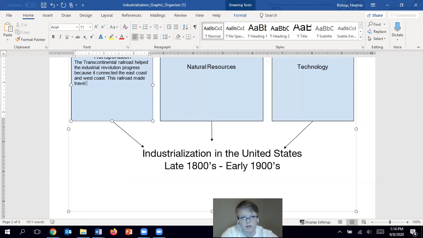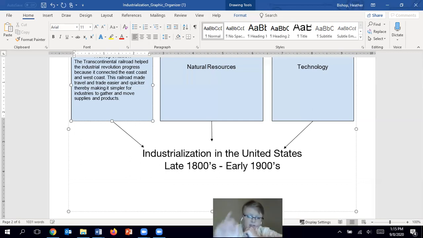Made travel and trade easier and quicker, thereby making it simpler for industries to gather and move supplies and products. Okay, there is one claim. We would need to do that another time.